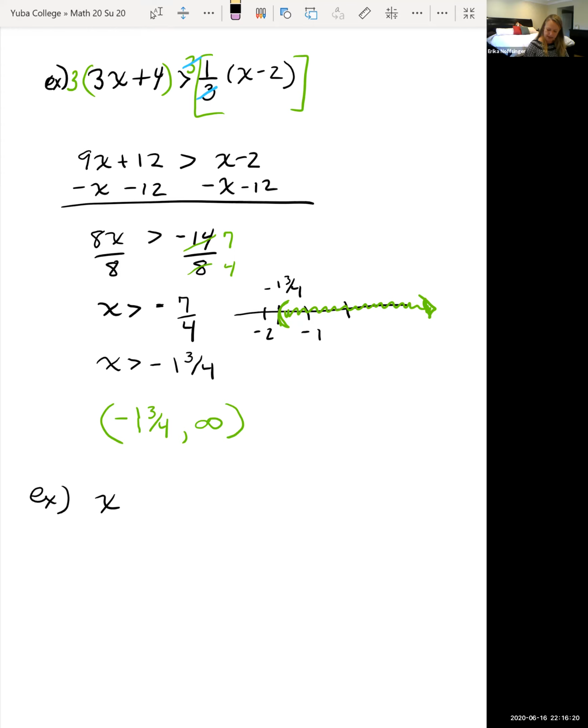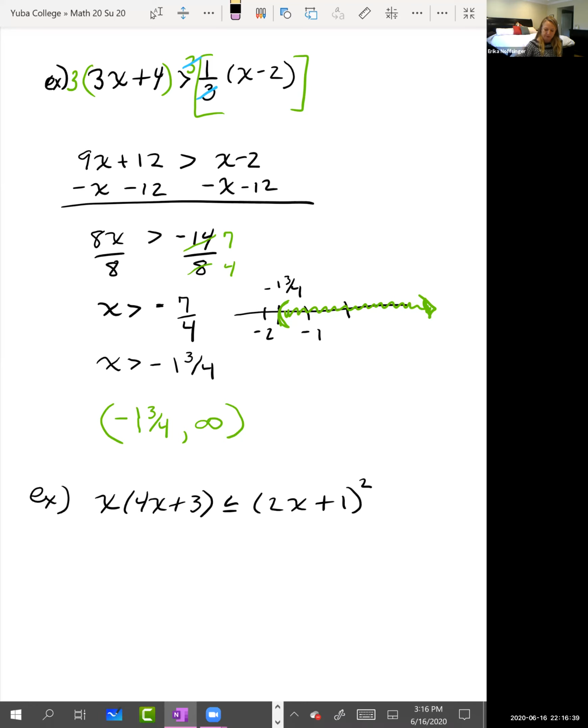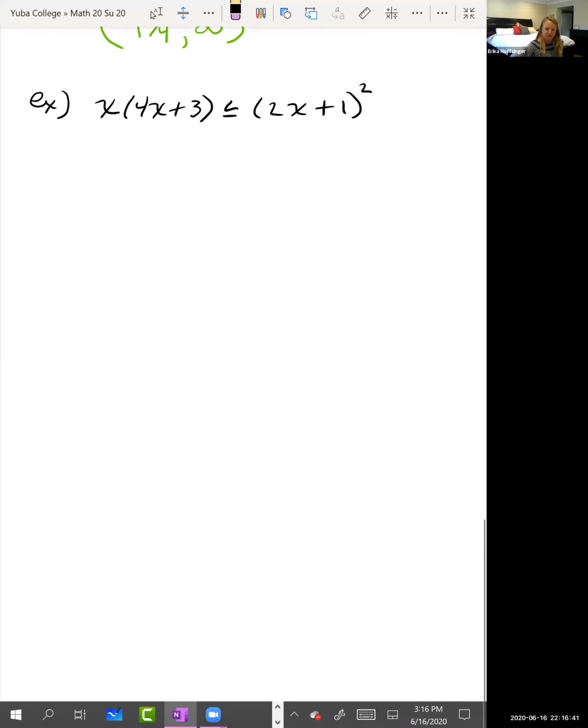So x times the quantity 4x plus 3 is less than or equal to the quantity 2x plus 1, squared. Okay, same thing as with the equation, simplify both sides down first so we can distribute that x.